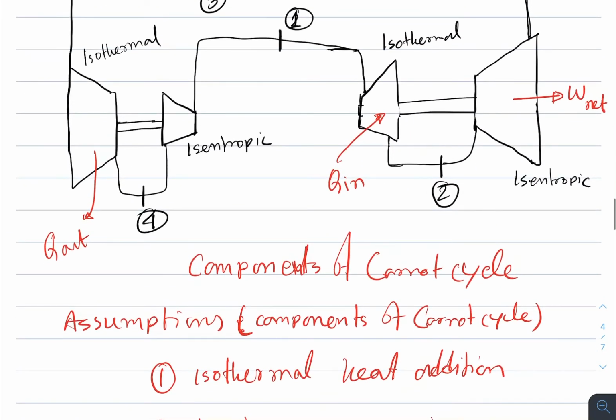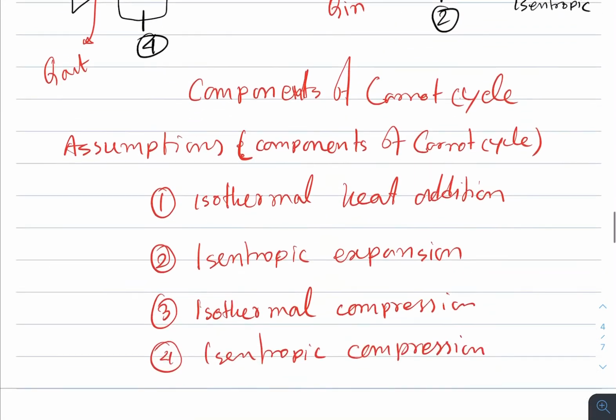Okay. So now if we draw a PV diagram from this cycle, remember this is state 1, state 2, state 3 and state 4, then we'll get the PV diagram, and let's draw the TS diagram as well. This is P versus V and T versus S. The first process is isothermal heat addition, which means temperature is constant.